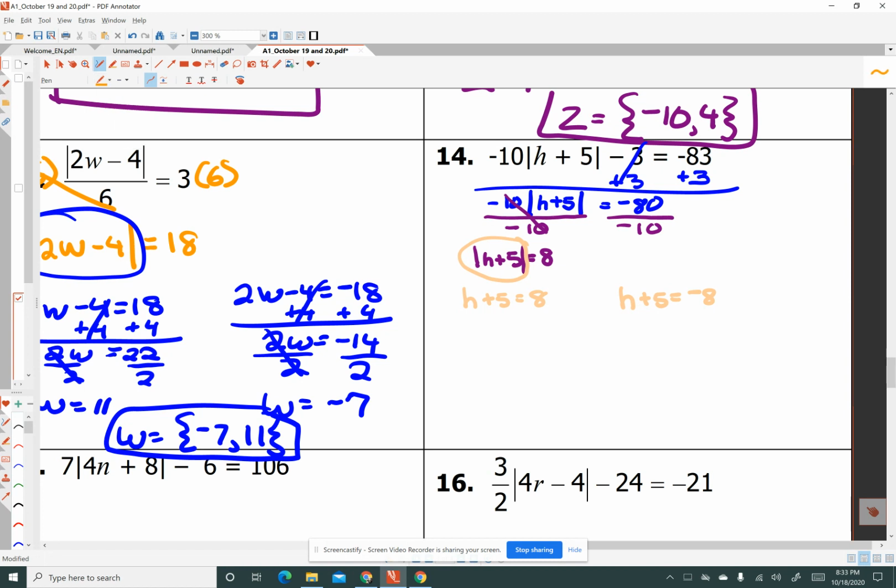I need to darken the color a little bit. Let's subtract 5 from both sides. h equals 3. Subtract 5 from both sides. On this equation, remember, we're doing 2 problems for every single problem. Negative 13. So h is equal to negative 13 or 3.